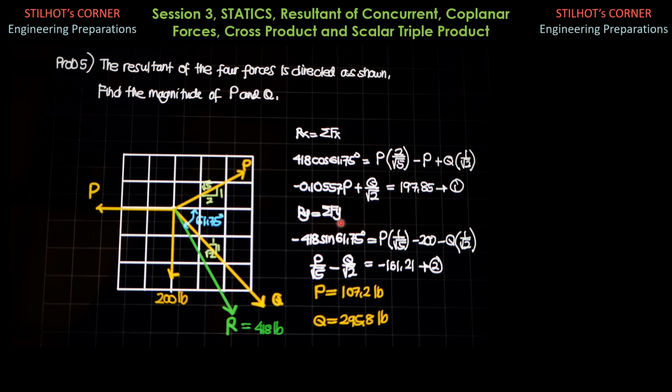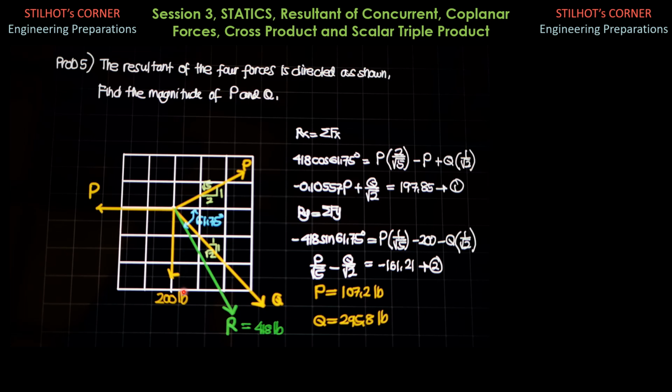Then summation of forces y equals 0, beginning with this force P here. The vertical component is P times 1 over square root of 5. By the way, the value of Ry is downward, so negative 418 sine of 61.75 degrees. So it is again equal to the y component of this force, P times 1 over square root of 5. Then this has no y component.